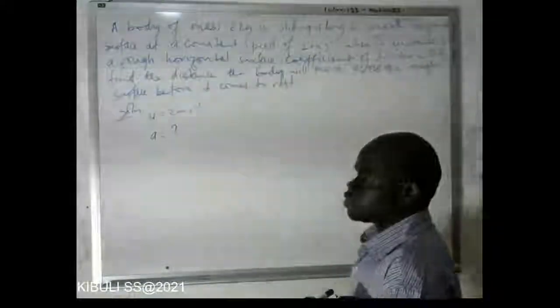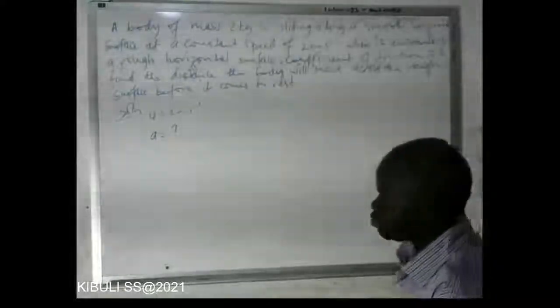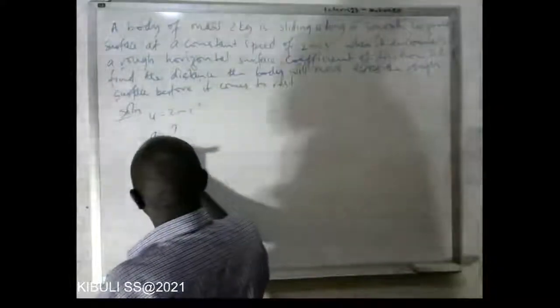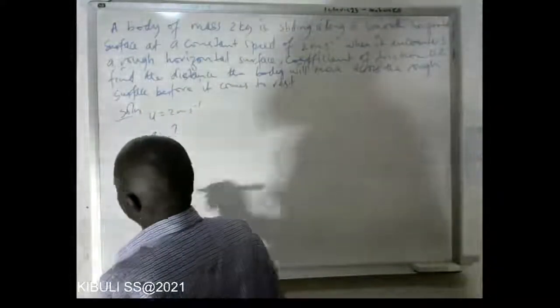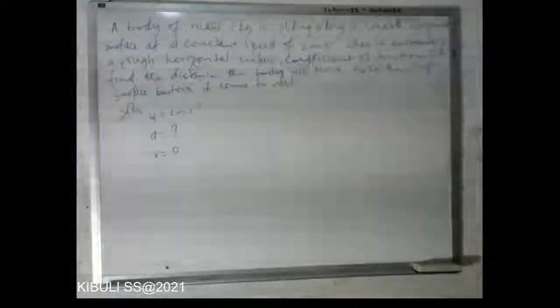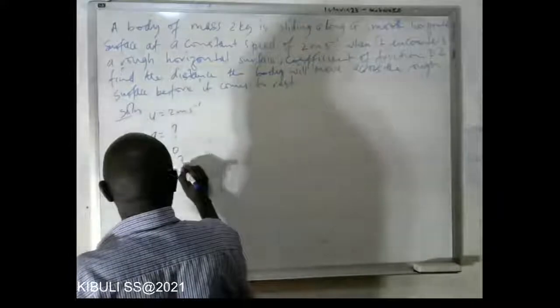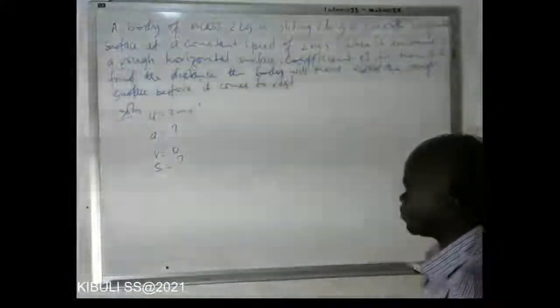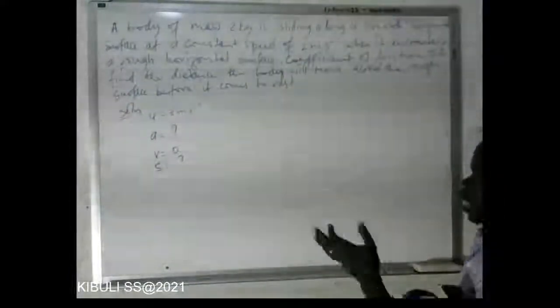Then of course the question is saying that we find the distance the body will move across the rough surface before it comes to rest. When it comes to rest, it means that the final speed of the body is going to be 0. So what is the value of a first, before we can find the distance S? What is S? So how do we get the deceleration?